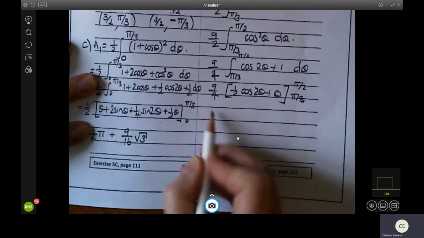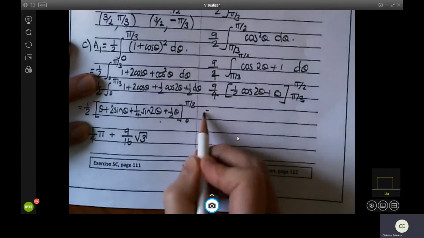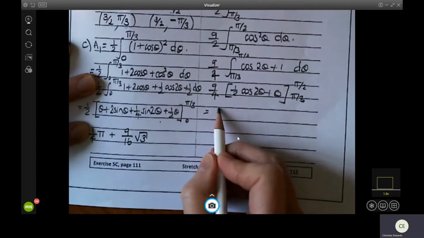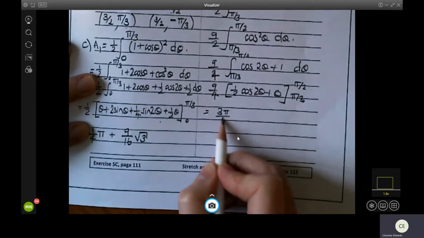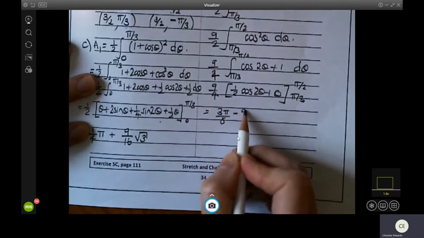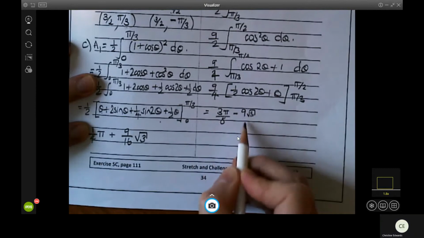Evaluating, I will achieve a result which is 3 pi over 8 minus 9 root 3 over 16.